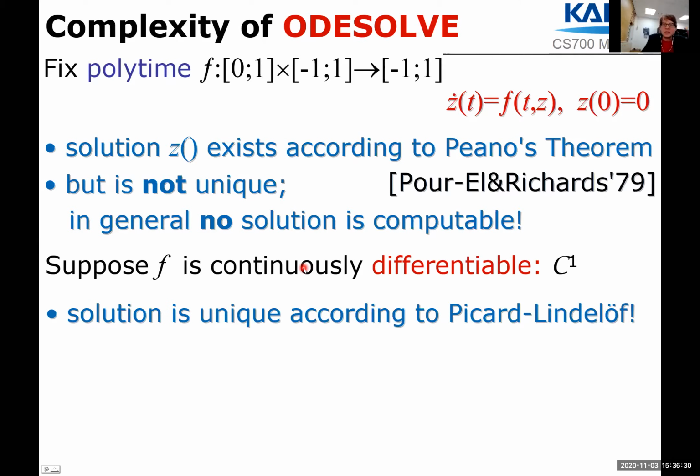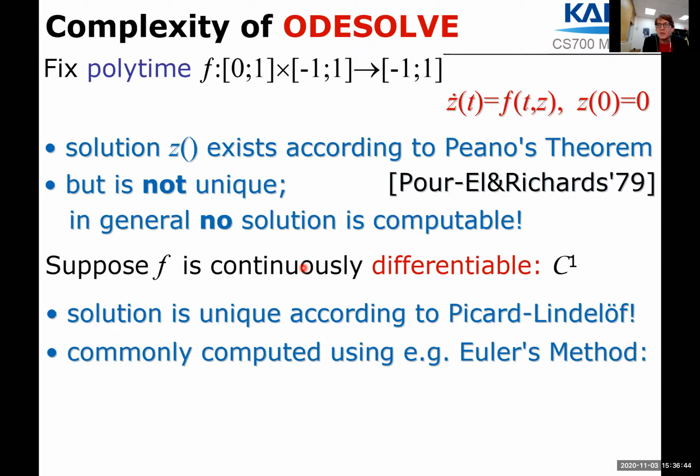Then the solution is unique. That's the Picard-Lindelöf theorem. Even Lipschitz suffices to guarantee uniqueness, and actually the solution is computable, and a common method for computing the solution, commonly employed in numerics, is Euler's method.